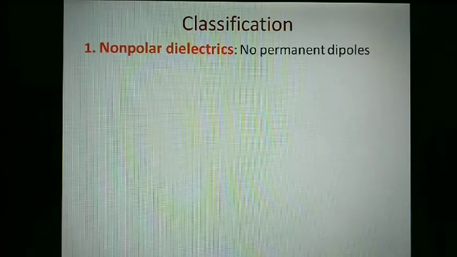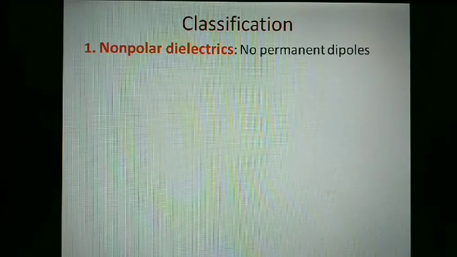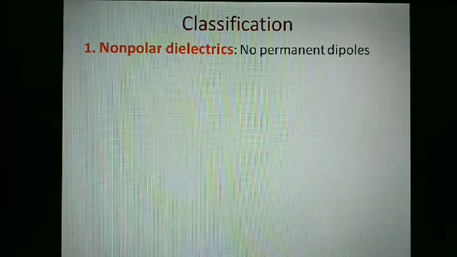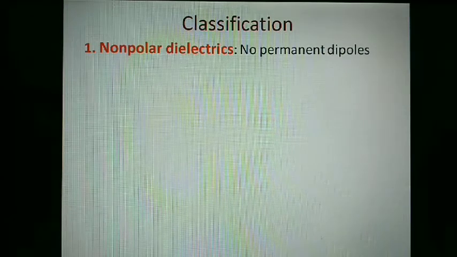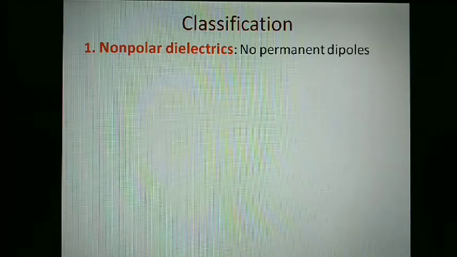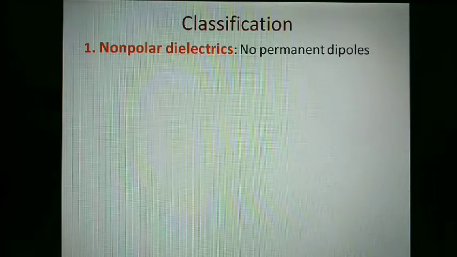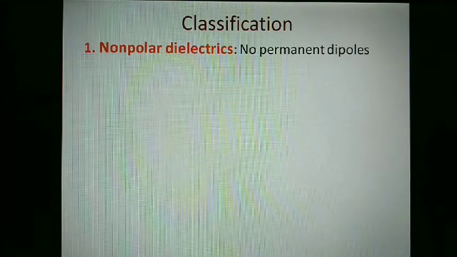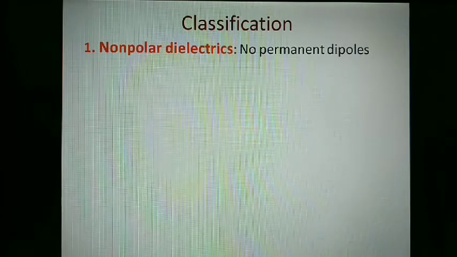So, non-polar dielectrics are the dielectric materials having no permanent dipoles. That means in them, the positive and negative charge distribution centers are not separated. They are coincided in absence of an electric field, but they are separated when an external electric field is applied.